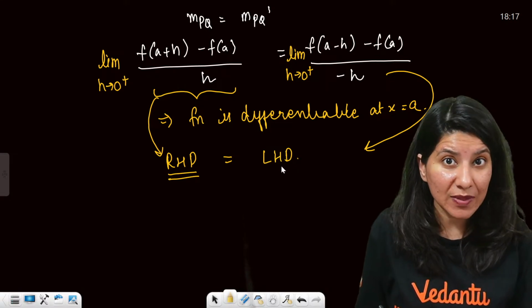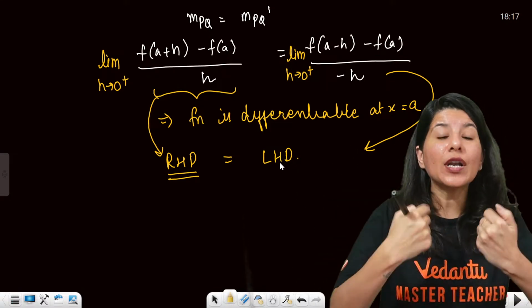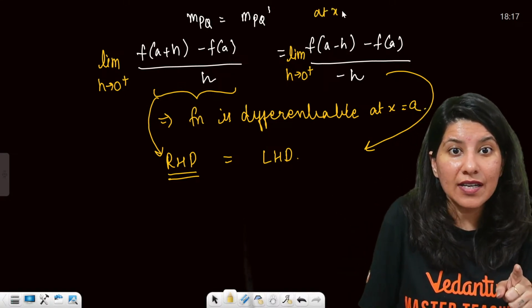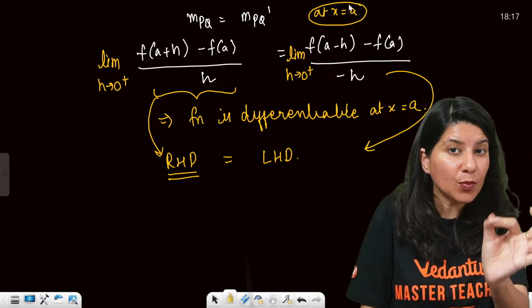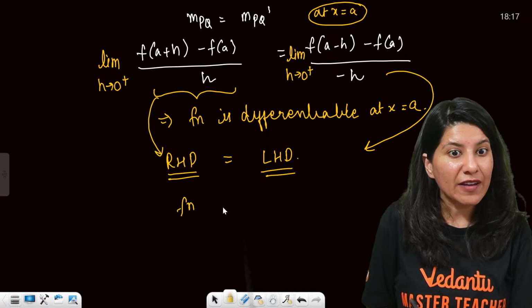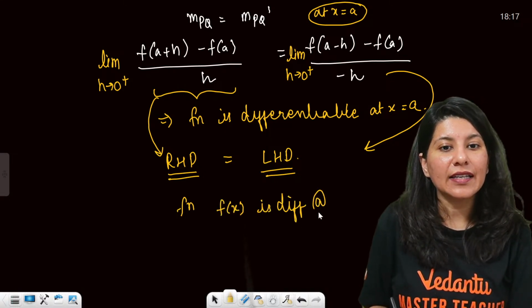So if your right hand derivative is equal to your left hand derivative at that point x equals to A, everything we are doing at a point x equals to A, then only we can say that my function f(x) is differentiable at x equals to A.